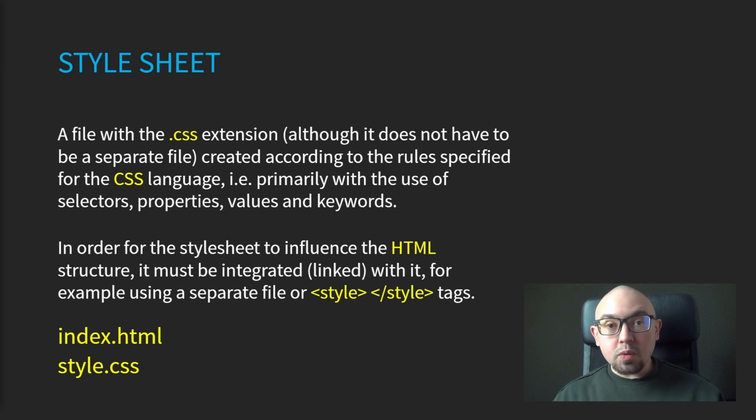CSS has its own rules and appropriate vocabulary. These are certain grammatical constructs that we call selectors, properties, values, and keywords. But for a style sheet to be a style sheet at all, it must have the CSS extension, it must be written according to the CSS language rules, and it must be integrated with the HTML file.